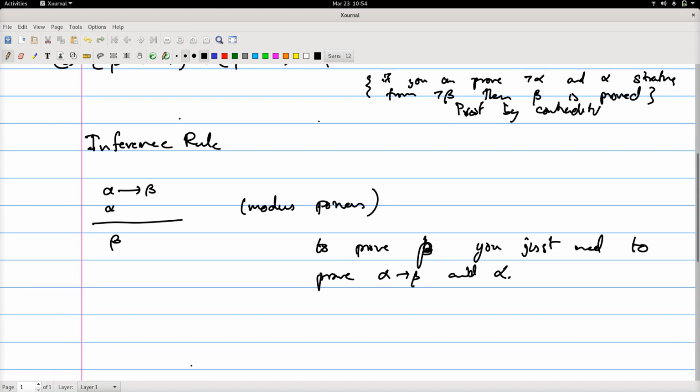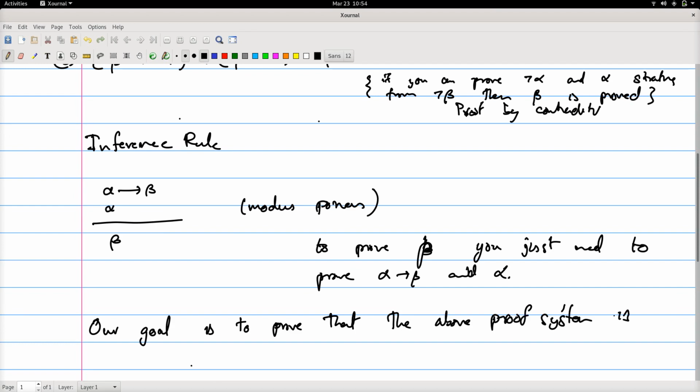So this is the proof system that we will look at, and our goal is to prove that the above proof system is sound and complete.